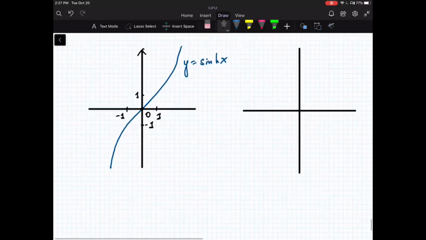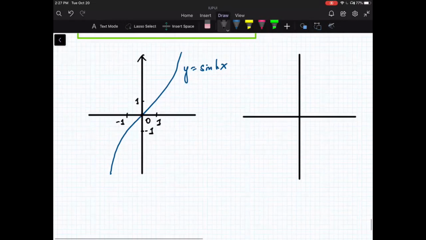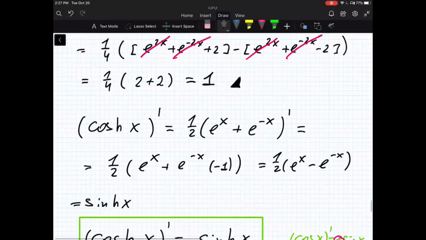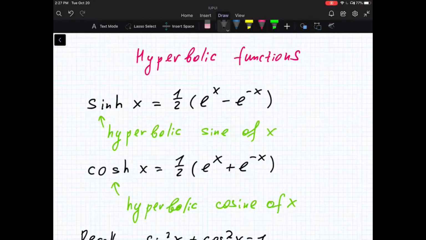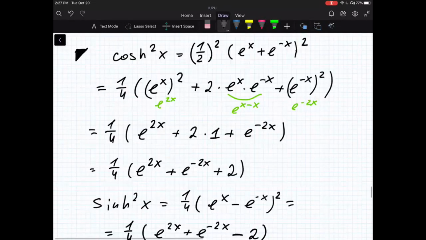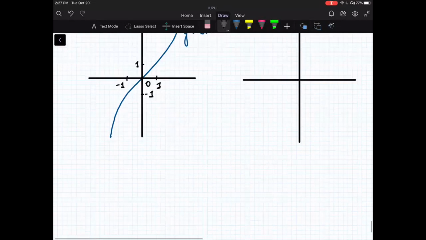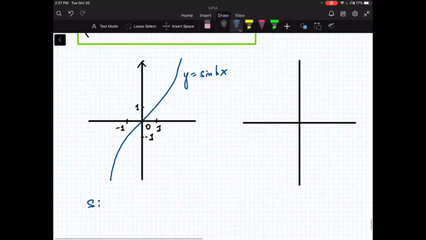But what we can see from the graph and also from the definition of the hyperbolic sine, if we change x to minus x, we will change the sign of the whole function. So what I am saying is that hyperbolic sine of x is an odd function.